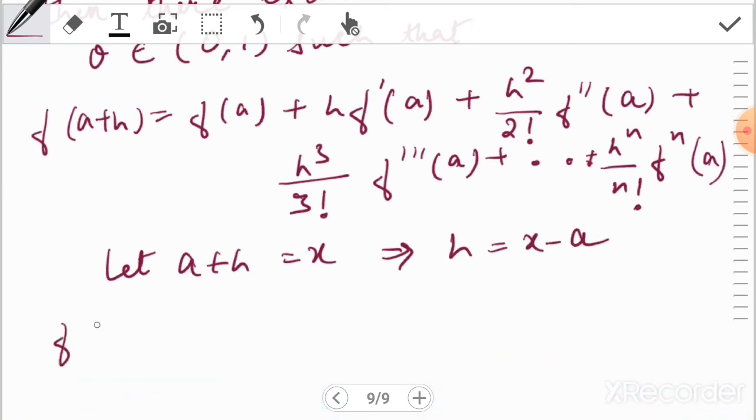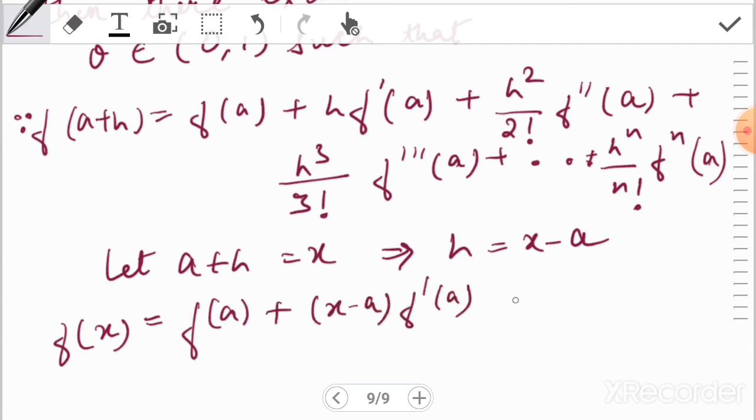So f(x) is equal to f of a plus (x minus a) f dash a plus (x minus a) squared by 2 factorial f double dash a and so on.